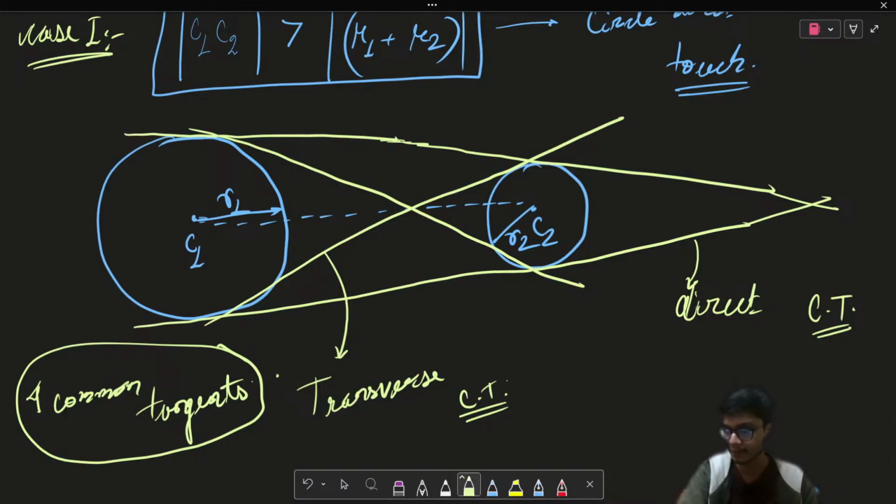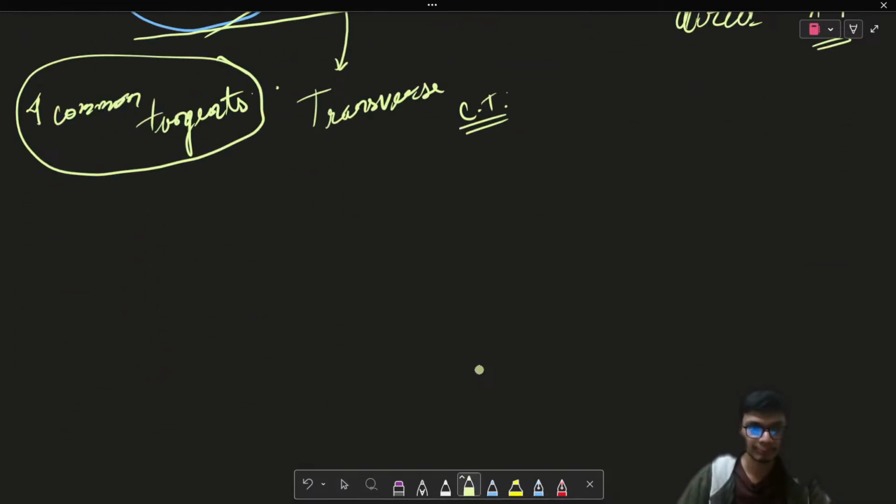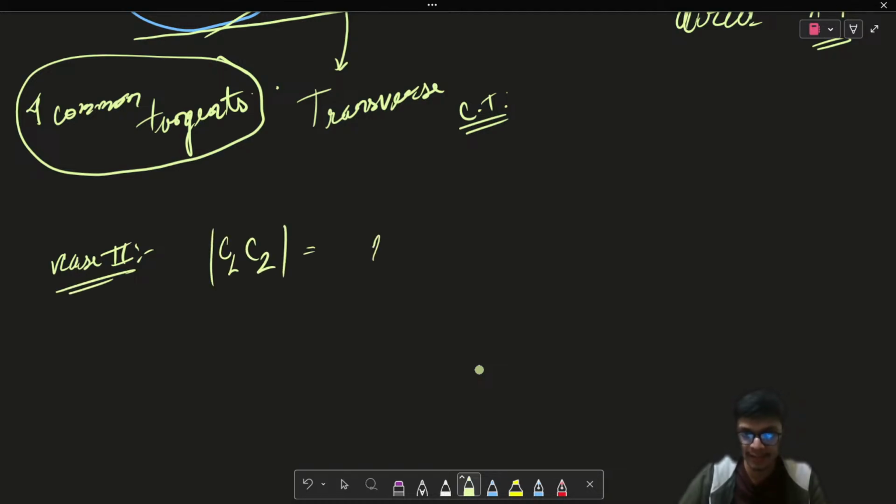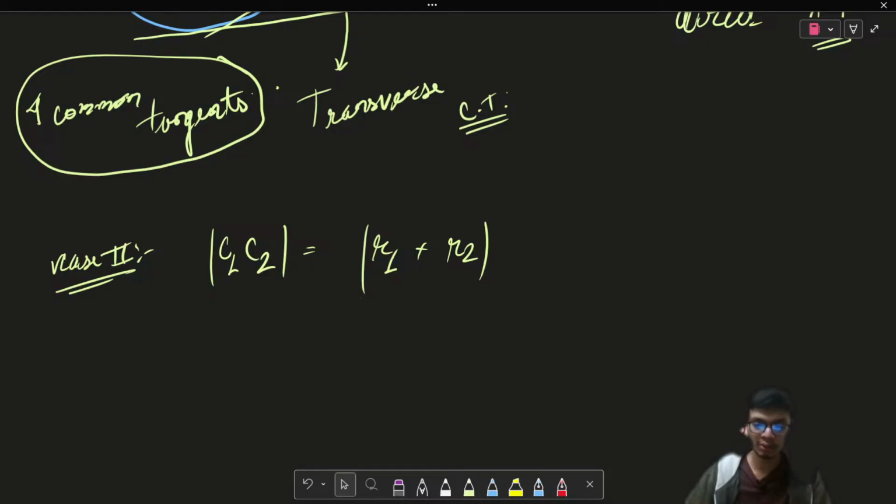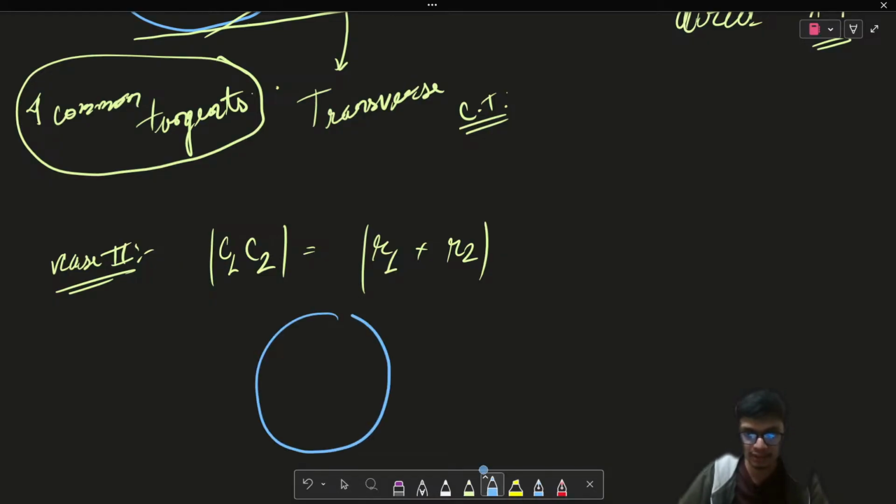Similarly, what happens if my distance C1C2 is exactly equal to the sum of the radii of the two circles? If the center to center distance equals the sum of the radii, the circles are touching each other only at one point.